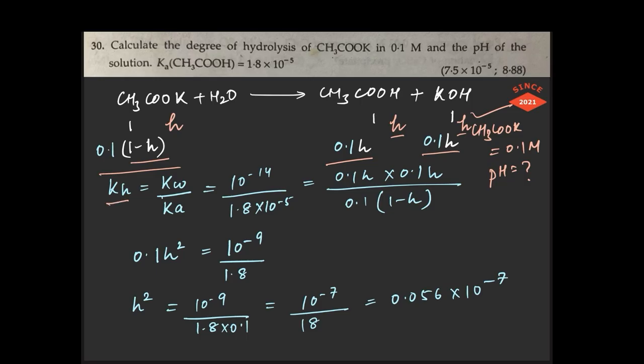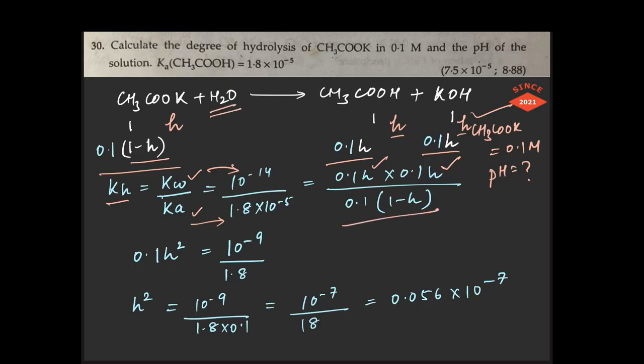Now Kh is equal to Kw divided by Ka. The value of Kw is 10 to the power minus 14 and Ka is 1.8 into 10 to the power minus 5. And Kh is also equal to the concentration of acetic acid multiplied by the concentration of KOH divided by the concentration of potassium acetate.